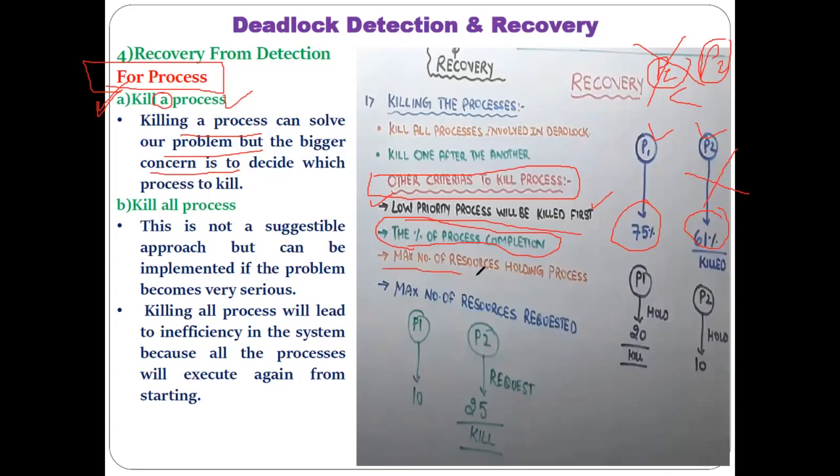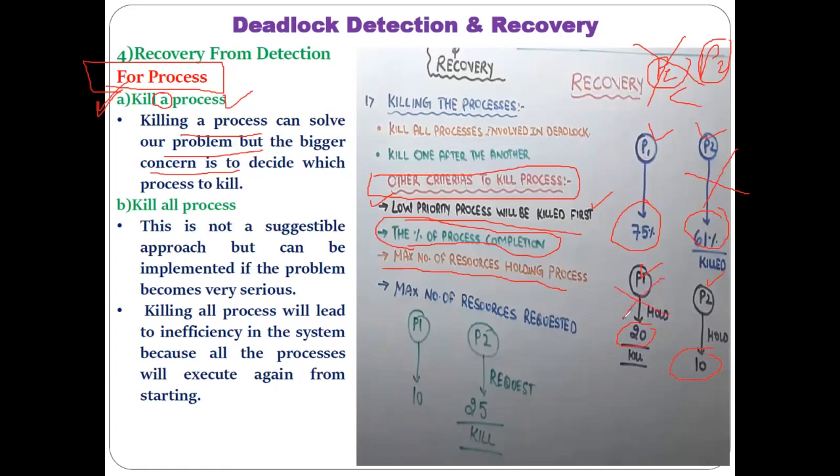Then the third criterion to decide which process to be killed first is the maximum number of resource-holding process. If there are two processes P1 and P2, and P1 is holding 20 resources and P2 is holding 10 resources, then which one to be killed first?